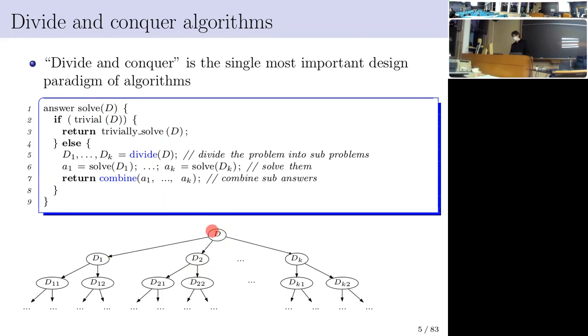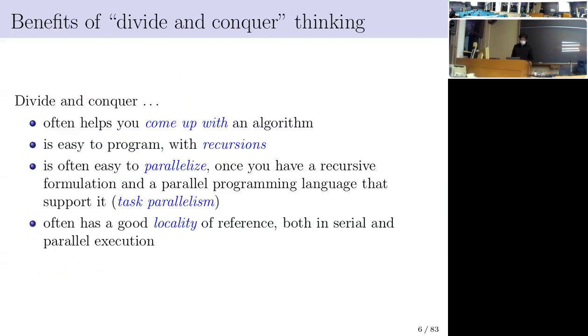This is the original input, and you divide it into several subproblems. Each of these subproblems is then divided into even smaller subproblems until the problem becomes trivial to solve. This is what is commonly known as divide and conquer algorithms.